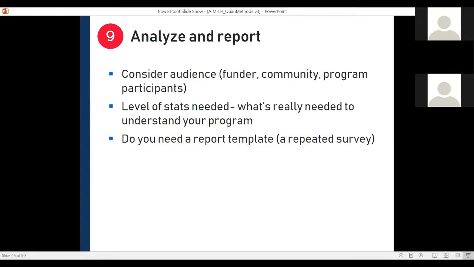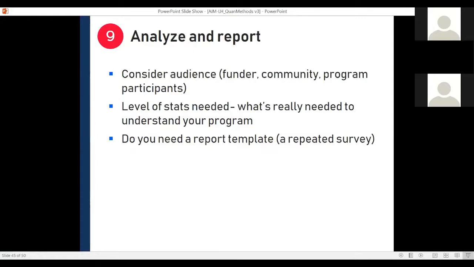For the level of stats, here at the Research Center we do a lot of work for scientific publications, so we're a little bit more concerned about p-values and rigorous stats, but you really just want to do whatever is going to be needed to understand your program. So it could just be that you group stats by different groups or compare across time. It just kind of depends.